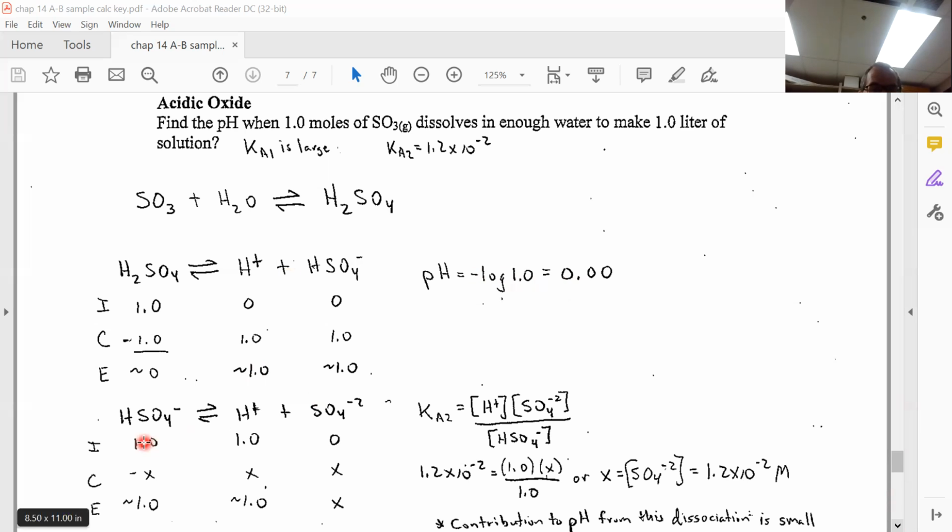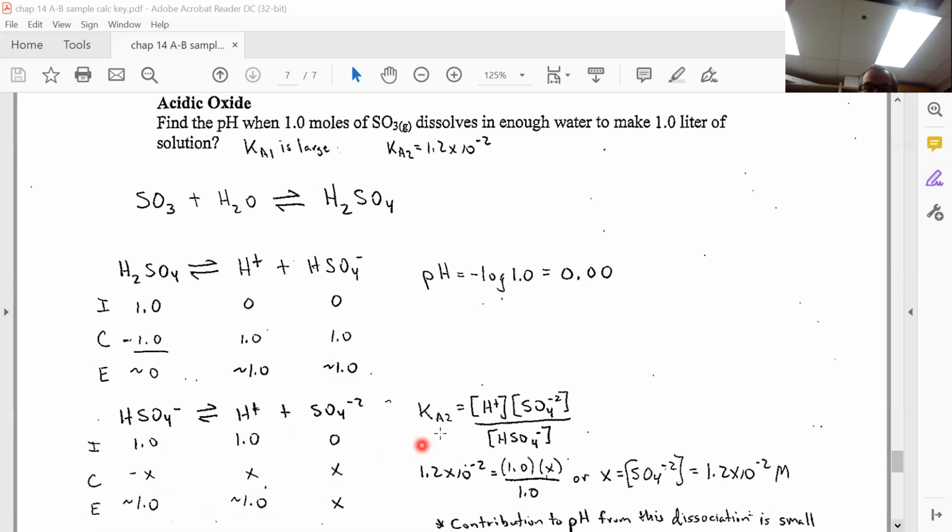We'll look, it's a weak acid, so now we're saying 1.0 of this, and notice we already have 1.0 of this and 0 of this because we have the 1.0 H+ from before, and ultimately we're going to lose x. It's going to be really, really small compared to what it was before. And then this is going to be about 1.0.